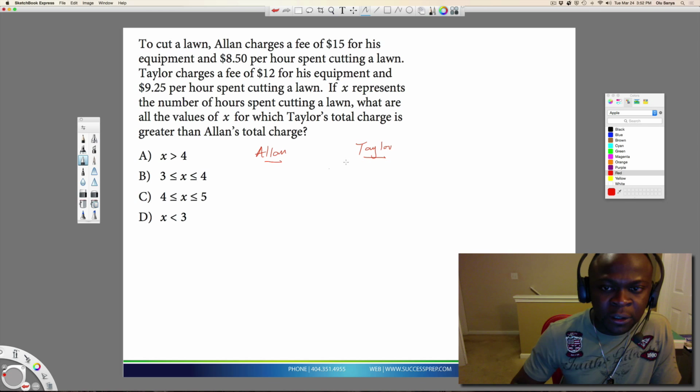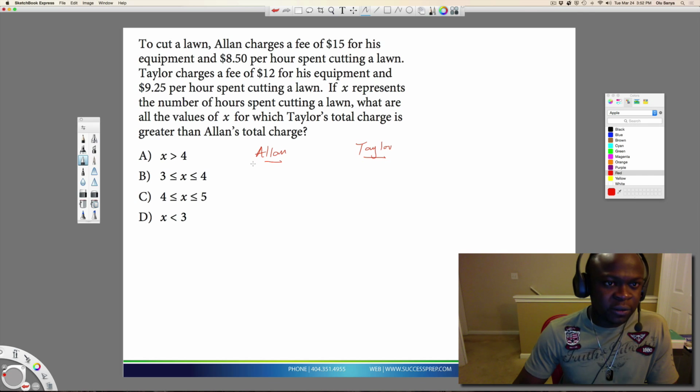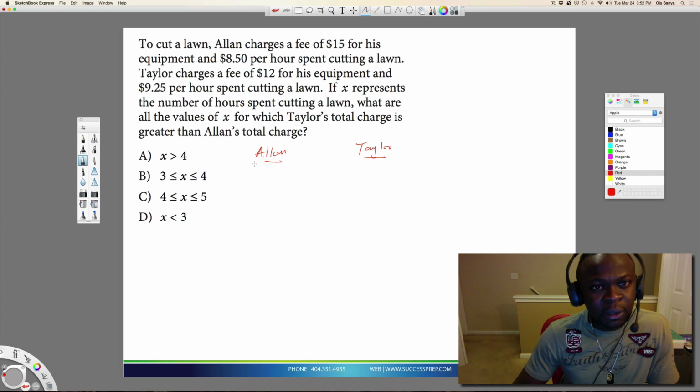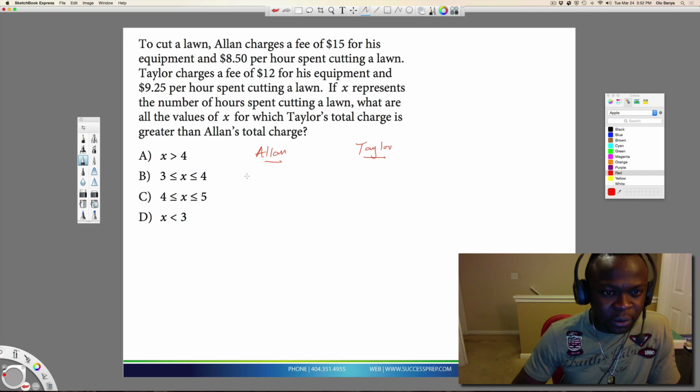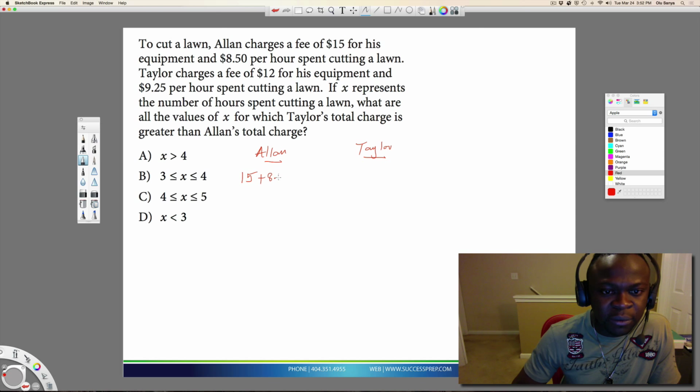So what's happening here is we're told that Allen charges for his lawn service $15 for equipment and $8.50 per hour. So that equation looks like 15 plus 8.5, and we're going to bring x into the equation.